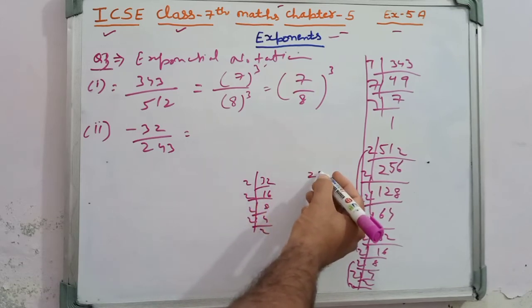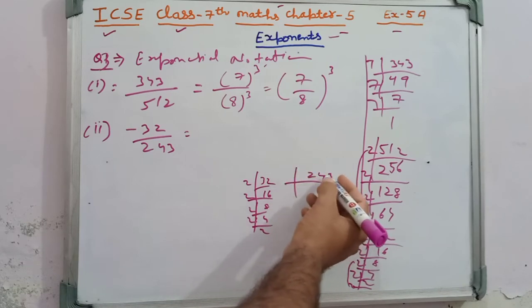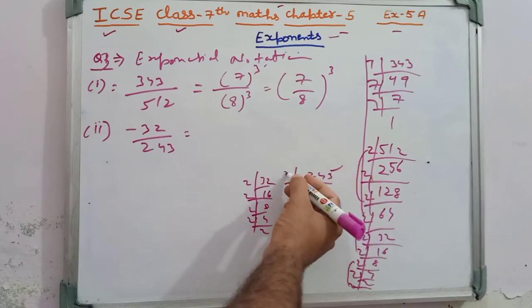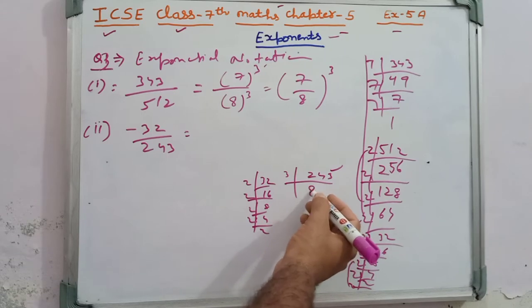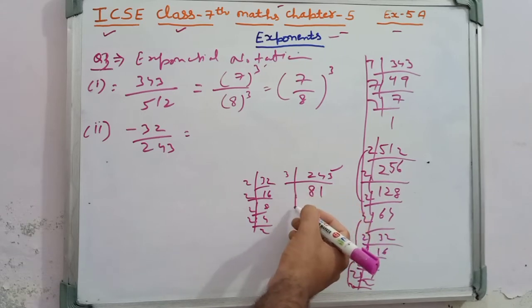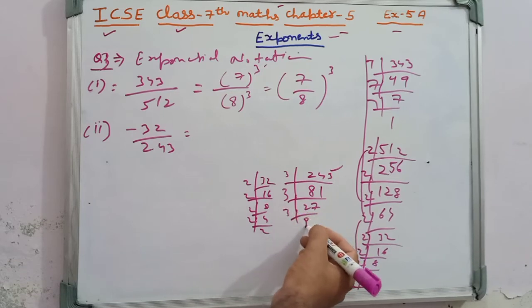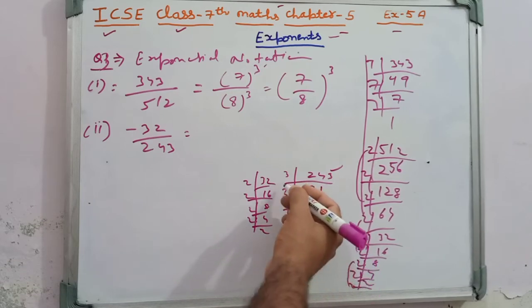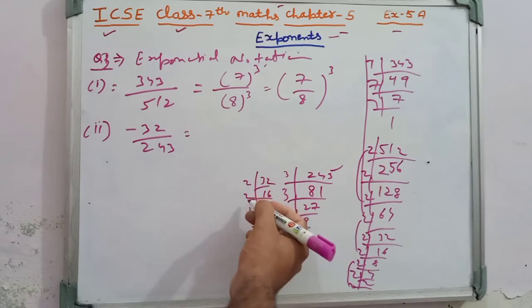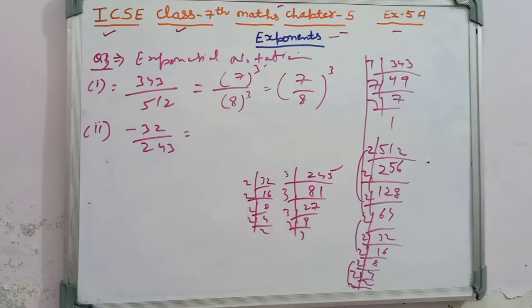Now 243 is carrying 3 in its place, so it will go by 3: 3 times 8 is 24, 3 times 27, 3 times 9, 3 times 3, 1. 5 times 3 and 5 times 2.